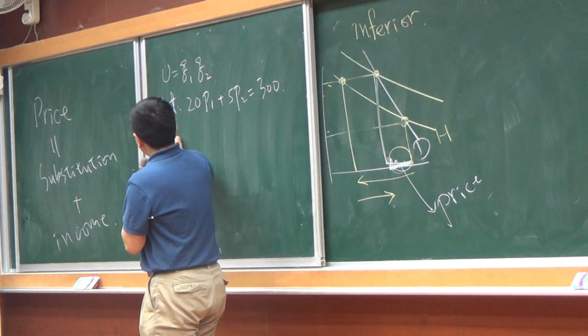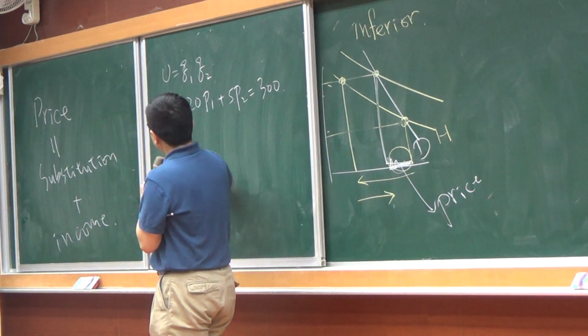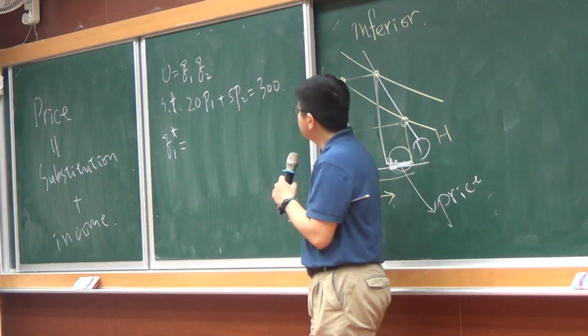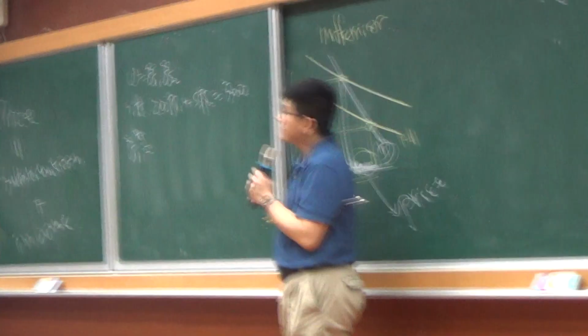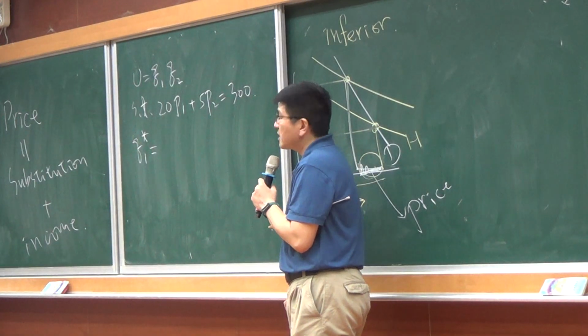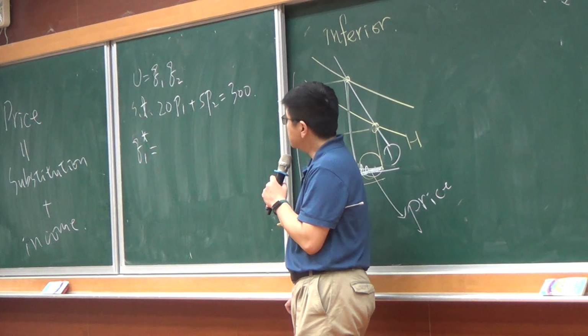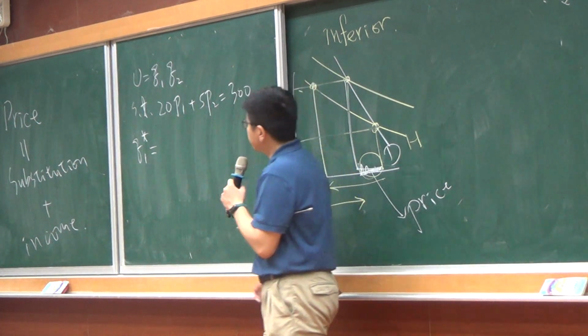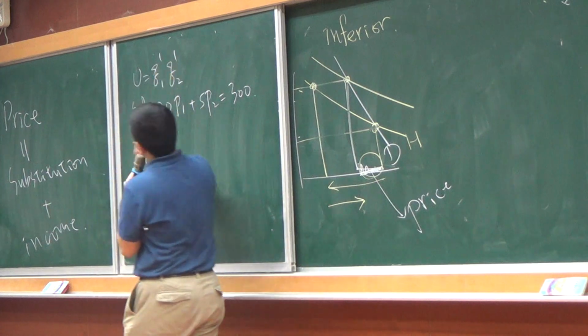And what about Q1 star? The expenditure on good 1 and good 2 would be 1 to 1, right? Because the power here is 1 to 1.